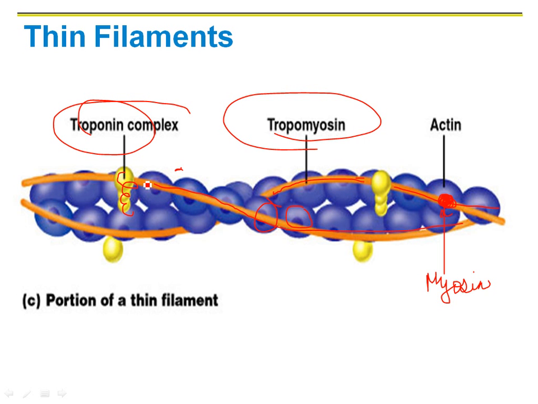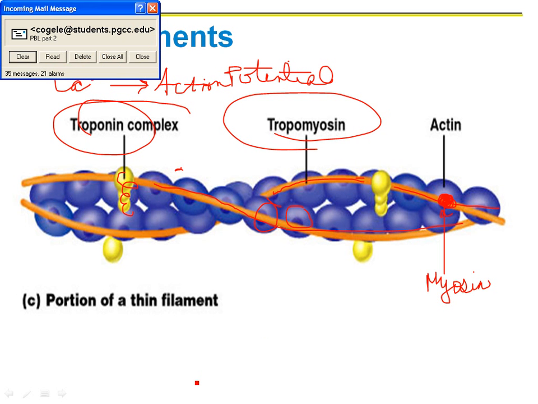Troponin's ability to do that is related to calcium and whether calcium is available in a cell, and calcium's availability is related to an action potential. And how all of these things interact together is the sliding filament theory.